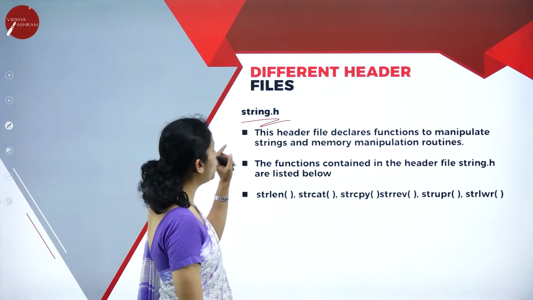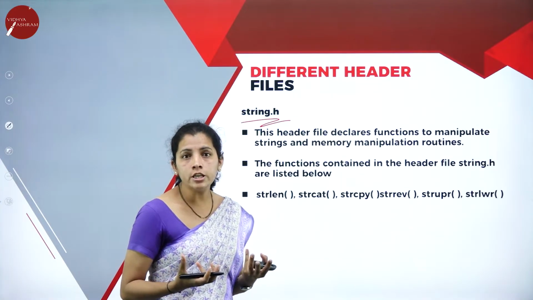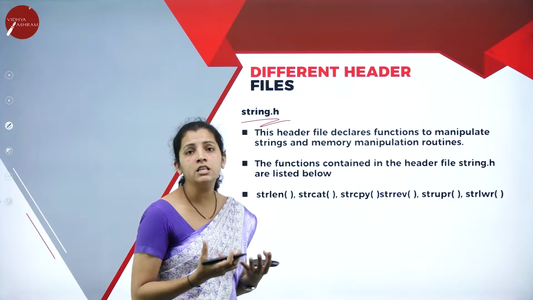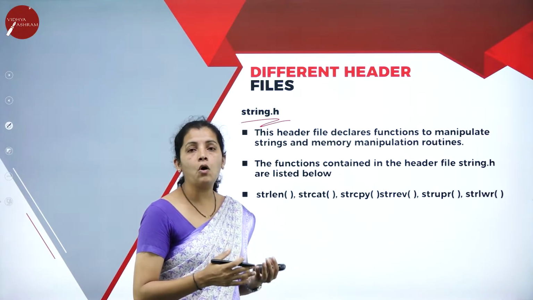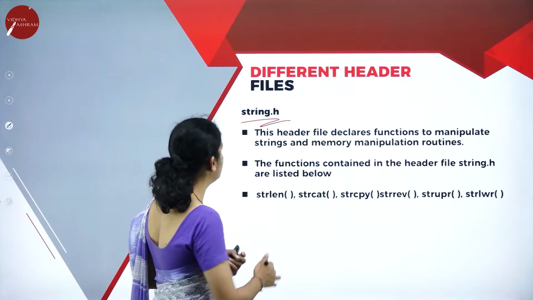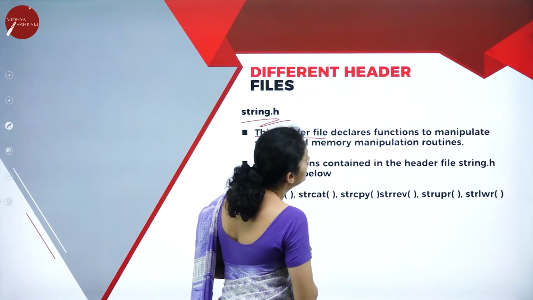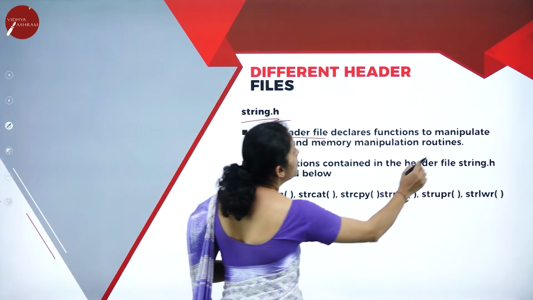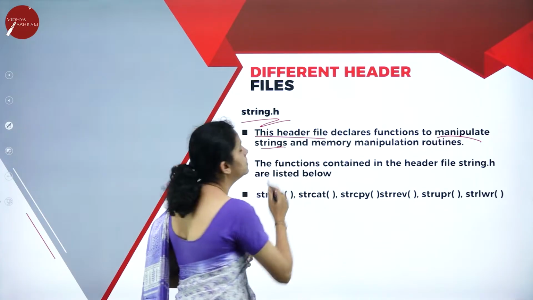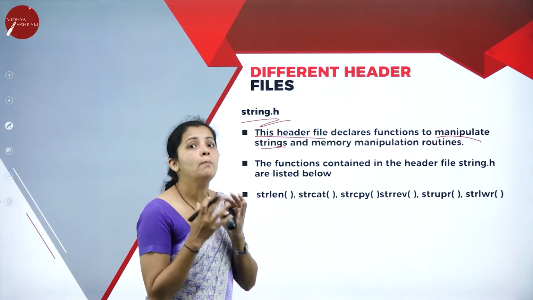Moving further, I'm going to have string.h. So what is a string? Here strings are nothing but a sequence of characters or an array of characters. This header file declares functions to manipulate strings.